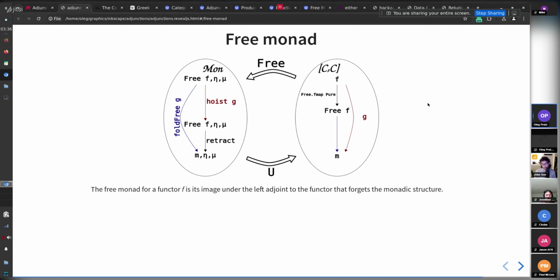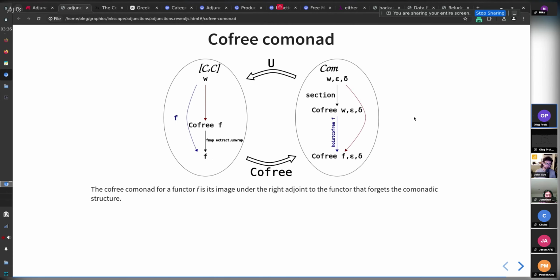Okay, so now go cofree, go comonads. So you have the category of endofunctors and the category of comonads over C, and a forgetful functor. Now a different forgetful functor, right? Because different category.